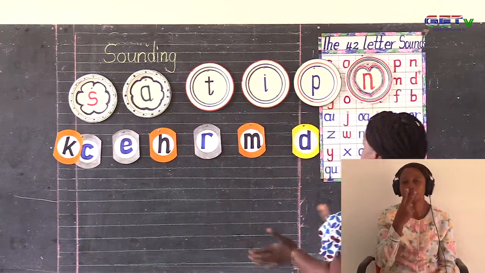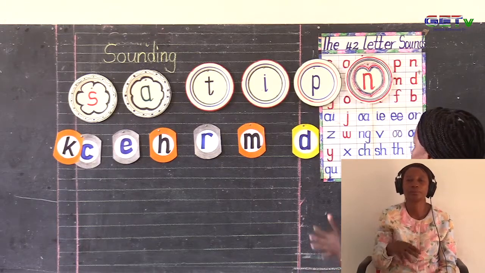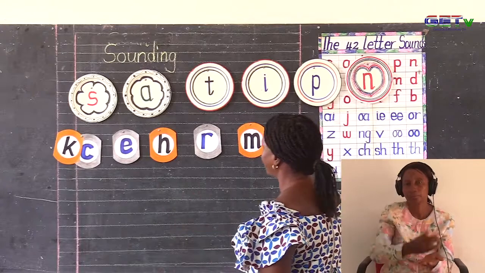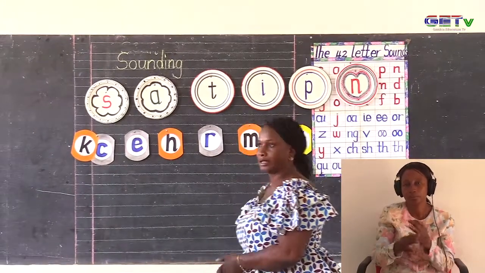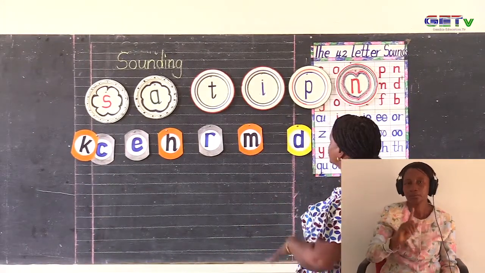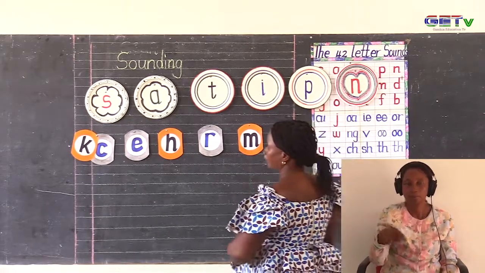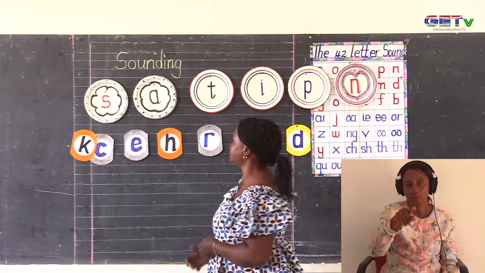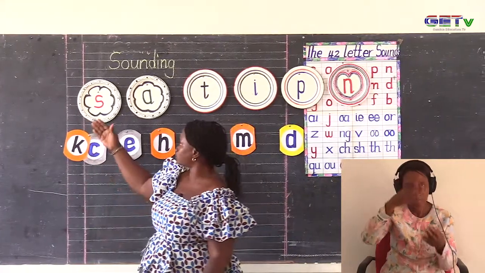Now, let's look at the board and see the sounds that we've learned before. Remember, these sounds were taught before, and then we looked at them. Today, we just want to see whether we can remember what we have learned in the previous lesson. Can we all say the sounds?